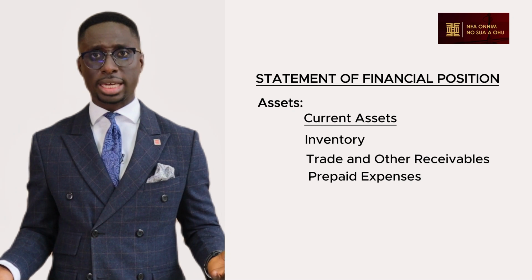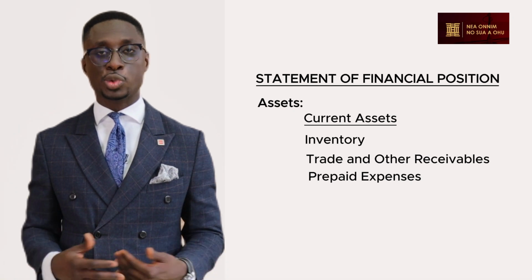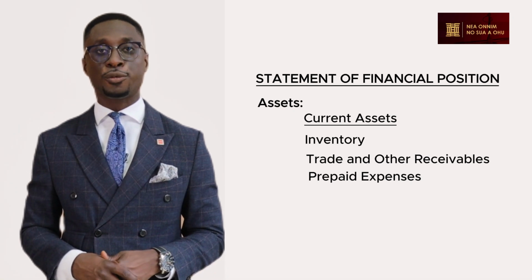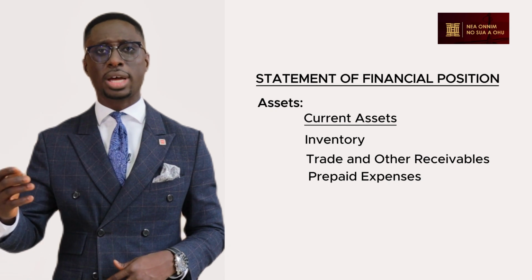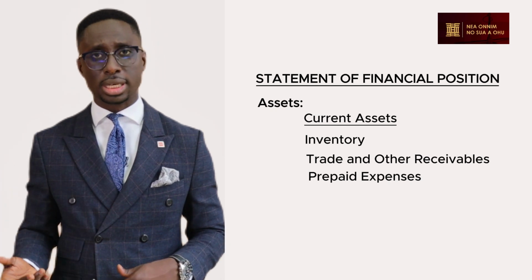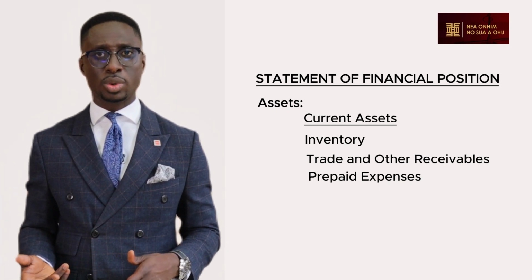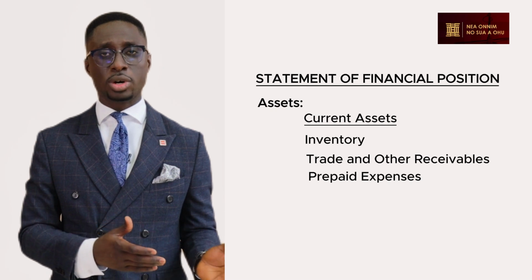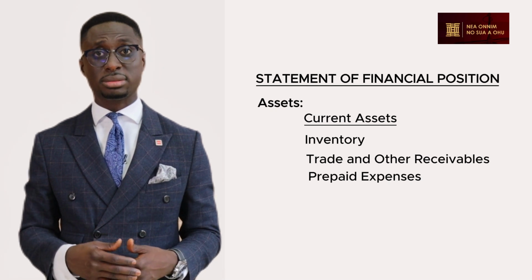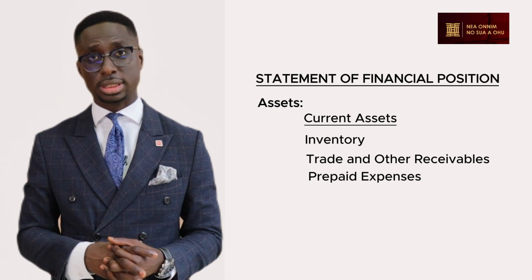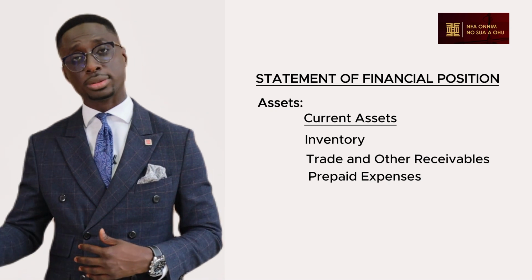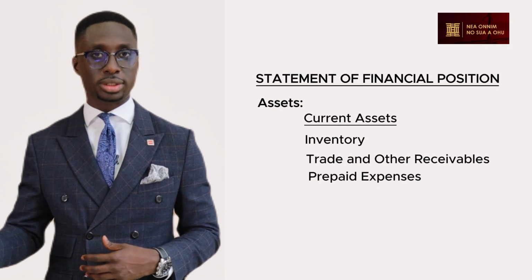Similarly, for something like, let's say, rent. So you may have paid for rent in advance to cover, let's say, 4 years as a company. Meanwhile, the annual rent is just about, let's say, 100,000 cedis, but then you've paid 400,000 to the landlord.